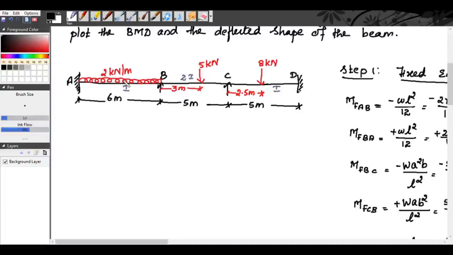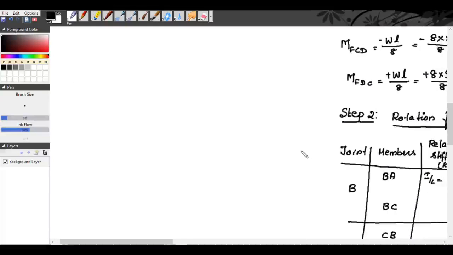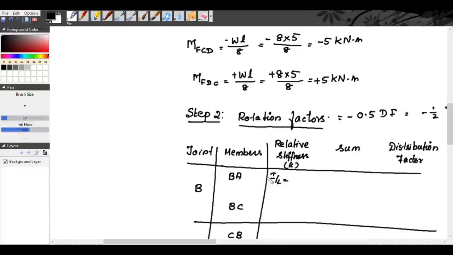For the span BC, our I is 2I. So for the span BA, it is I divided by the length of the span, 6 meters, so it is I by 6. For span BC also it is I by L because the far end is fixed, but I is equal to 2I here, so 2I divided by 5.